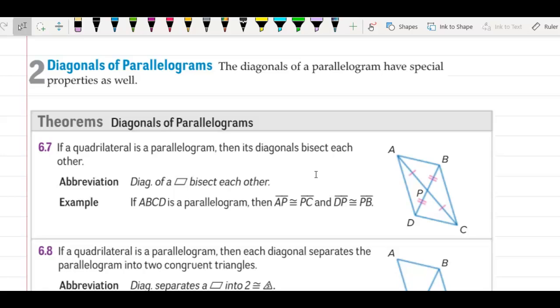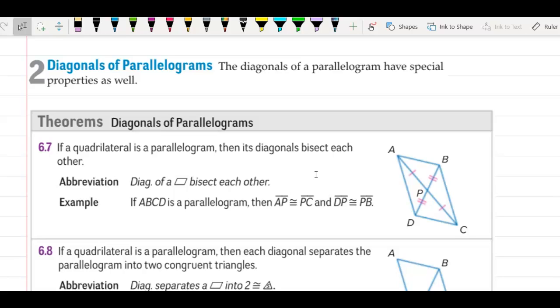So the one thing about parallelograms is if we draw their diagonals, meaning these lines are going to go through the middle of our picture, and they're going to connect non-consecutive vertices. So in this picture, A to C would be a diagonal, and B to D would be a diagonal.